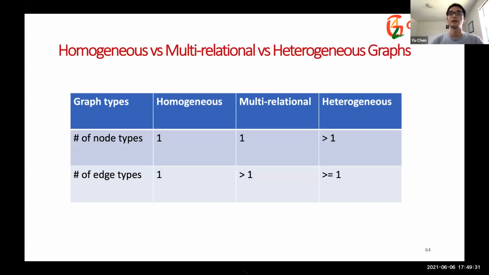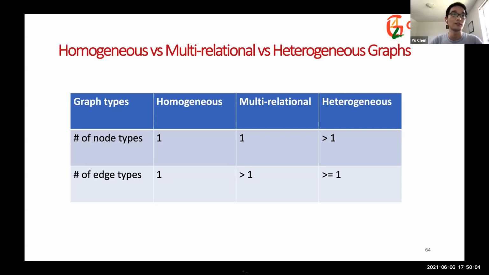Let's first review some definitions of various types of graphs. These concepts are important since we will mainly depend on the graph types to choose which GNNs to apply for a specific application. In general, we have three types of graphs: homogeneous graphs, multi-relational graphs, and heterogeneous graphs. For homogeneous graphs, the number of node types is 1, and the number of edge types is 1.